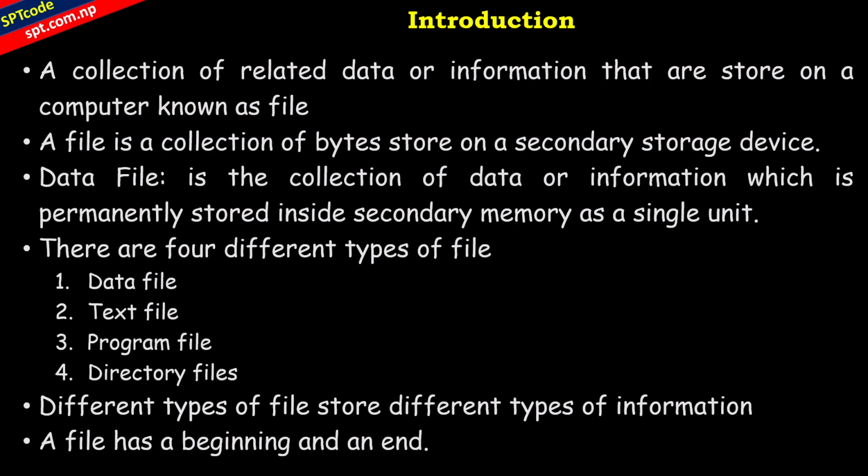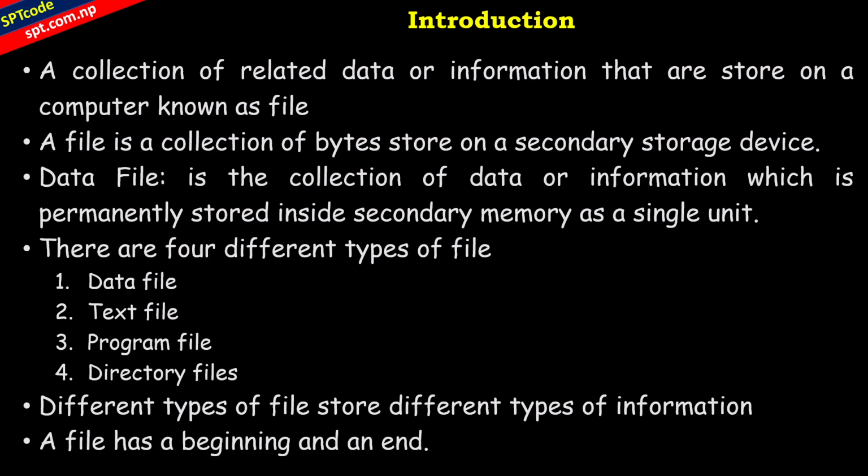There are different types of files, like data file, text file, program file. What you have created already is a program file only. If you have worked previously in C using structures, functions, or pointers, these are program files only.